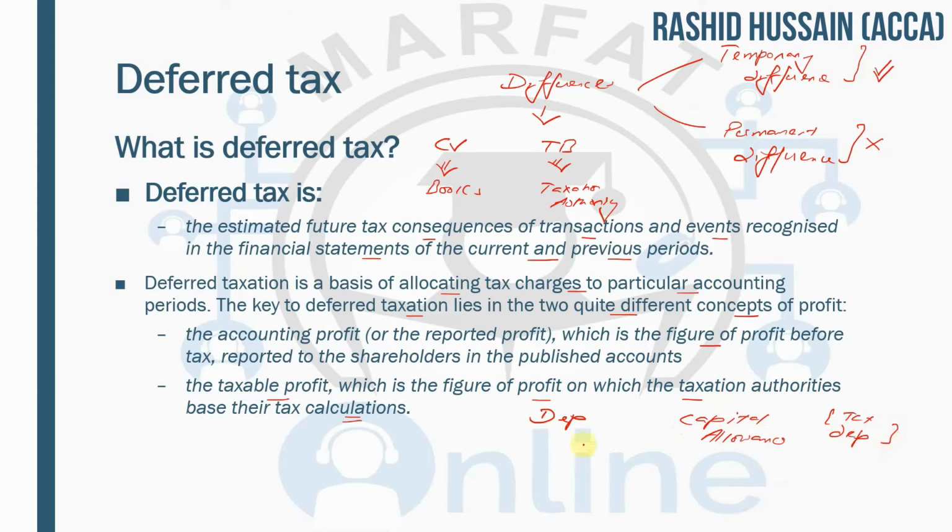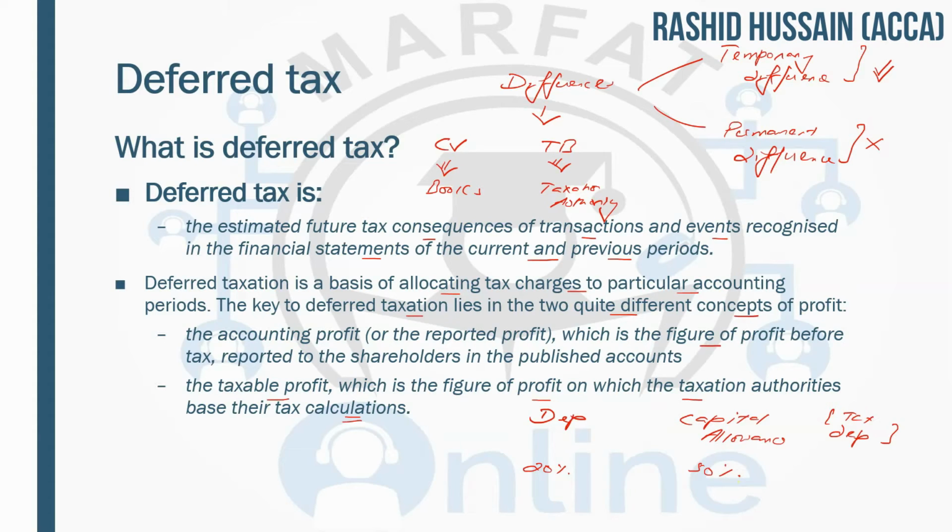Now, the rates may vary. For example, you're recording the depreciation based on a 20% straight line method. They may give you the 50% allowance straight away. Now, this 20% and 50% will make the difference. You are going to calculate the carrying amount based on this 20%, but the tax base will be calculated based on the 50%.